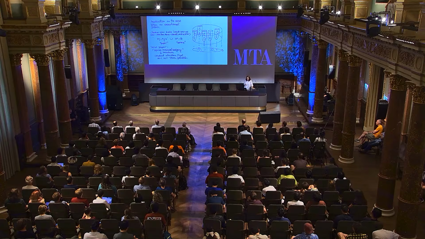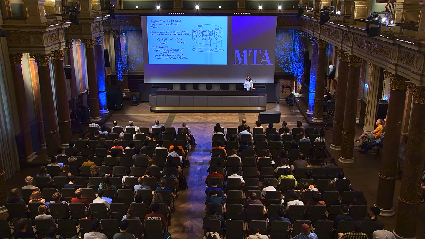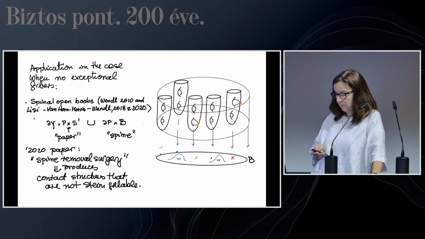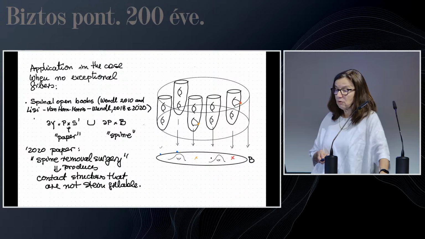Just to say what's happening here, when there are no exceptional fibers, what we have is a fibration with just singular fibers of Lefschetz type, and now the base is possibly not a disk, so it's got some genus to it, but still we have a filling that has a boundary that is our contact manifold.